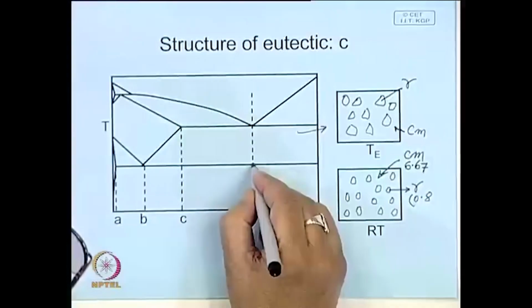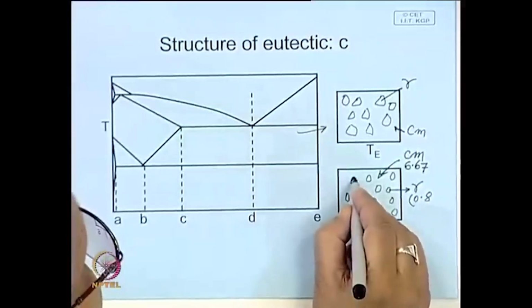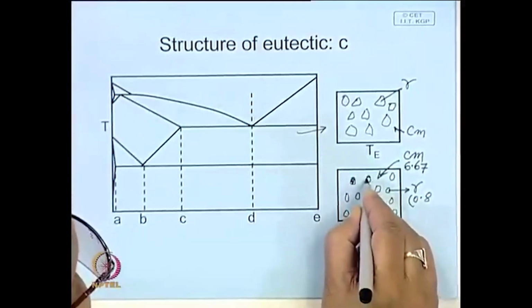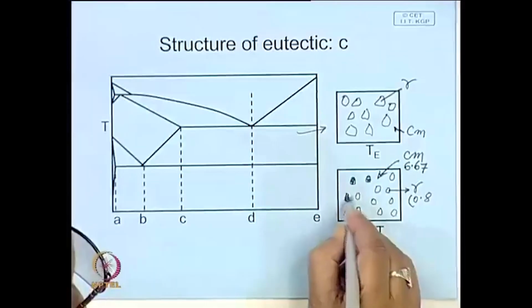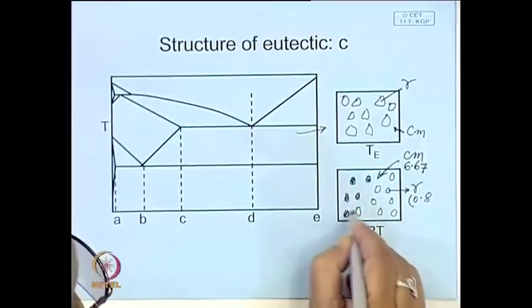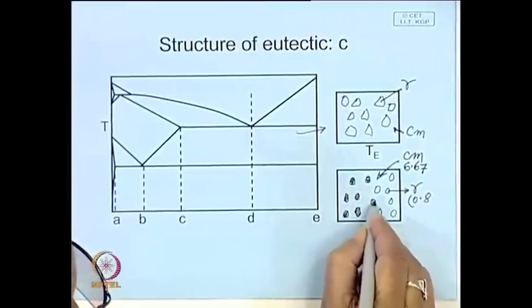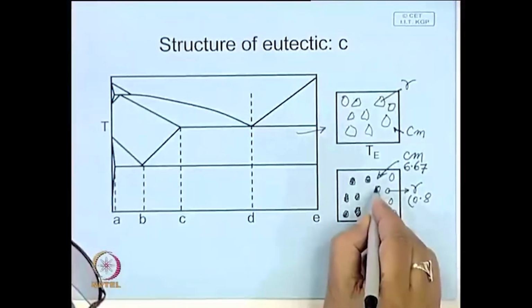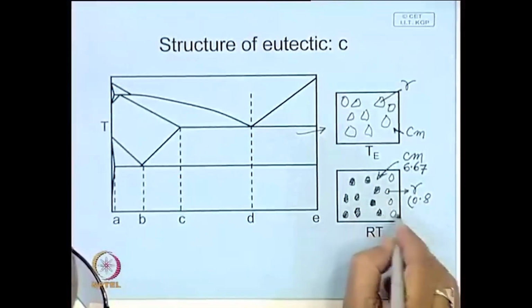Now, as you cool down further, this austenite gets converted into pearlite. So, you have this lamellar structure.